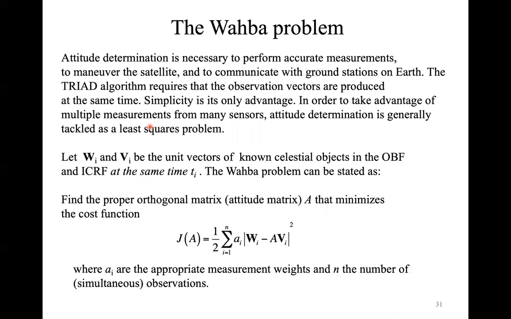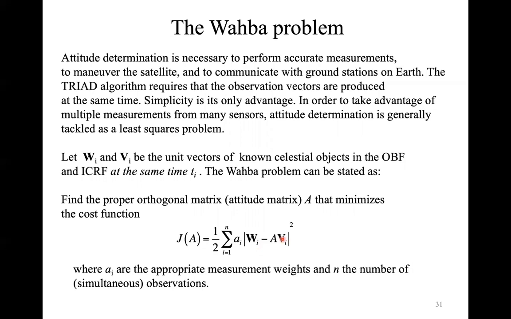So instead of doing a triad, Grace Wahba proposed to implement a cost function that depends on the difference between our W, the versors of the relative position of the bodies, minus the attitude matrix times the knowledge of that body orientation in the inertial reference frame.